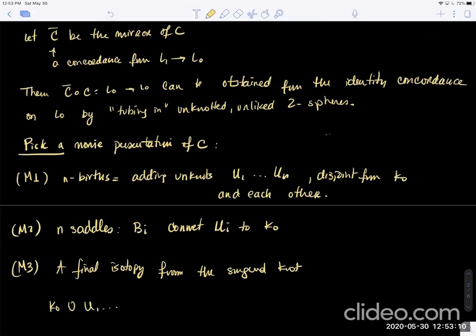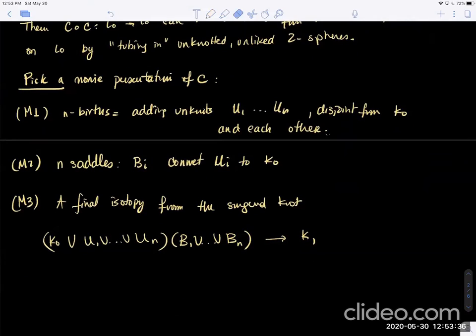You union a bunch of unknots, that's the birth part. And then you glue in a bunch of bands or saddles, if you want to think about that, to K1. So you isotope that construction to K1. And then, let me write 2.